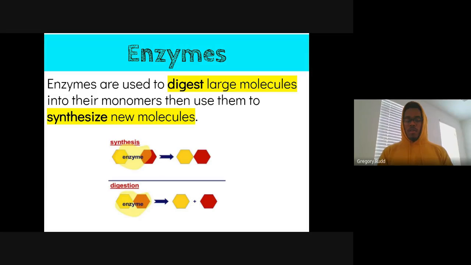We've been introduced to that word already, but synthesize means build. Digest means to break down. Keep in mind, once an enzyme goes through a chemical reaction, it can still be used. It's going to come out of the chemical reaction in the same shape if everything goes well.